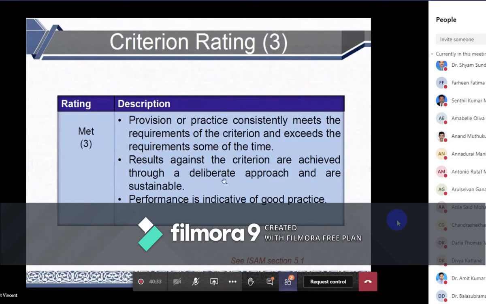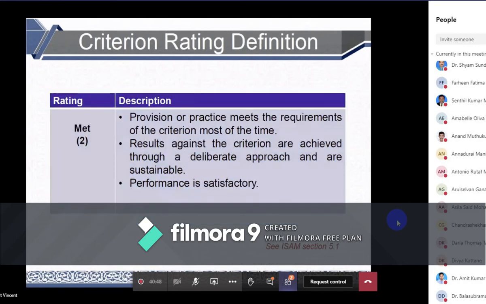Otherwise, all are the same. You have the plan, you have the mechanism or the processes, you have the results, everything very good, excellent, no problem. But if your performance is indicative of a good practice, not a best practice, then you will only be able to get 3. Now, here also, 2 is the same.